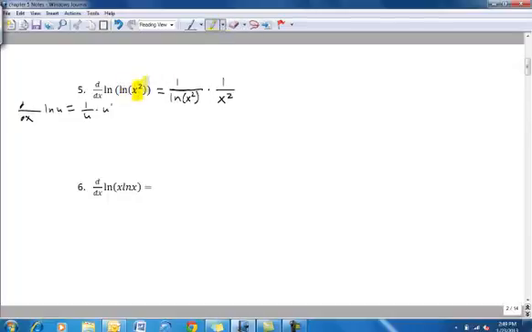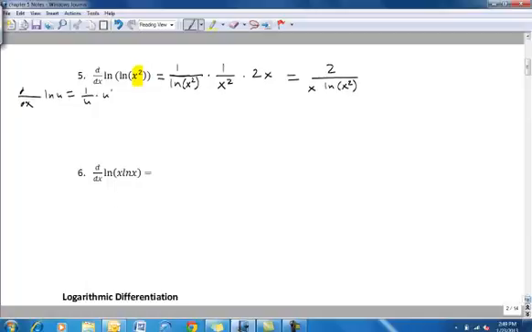Now, the most inside function is x squared. That was inside ln. So we do have to multiply by the derivative of the inside there. So the derivative of x squared is 2x. Since it's a double composite, we're going to have 3 links to the chain rule here. So obviously a little bit of simplifying to be done here. I'm seeing 2 over x times ln of x squared.